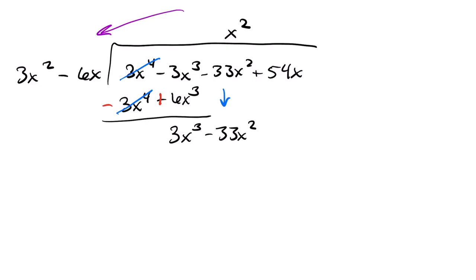Okay, so now we're going to say the first divided by the first again. X cubed divided by x squared is just x, so that result is just x. Oh, we might need a placeholder. I forgot about the placeholder. 4, 3, 2, 1. Let me say plus 0 here.